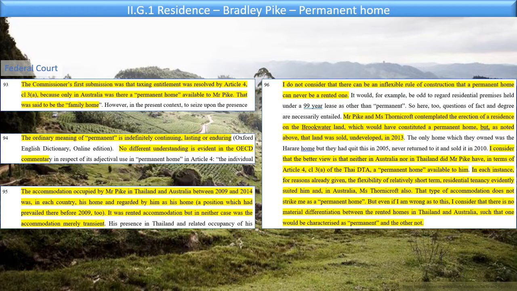I would say rented property can be permanent. To me, permanent would be more an issue of intention. I mean, you can buy and sell a new house every 5 or 10 years, and that would not be permanent either. It's all about the intention. But let's move on to the next criterion.